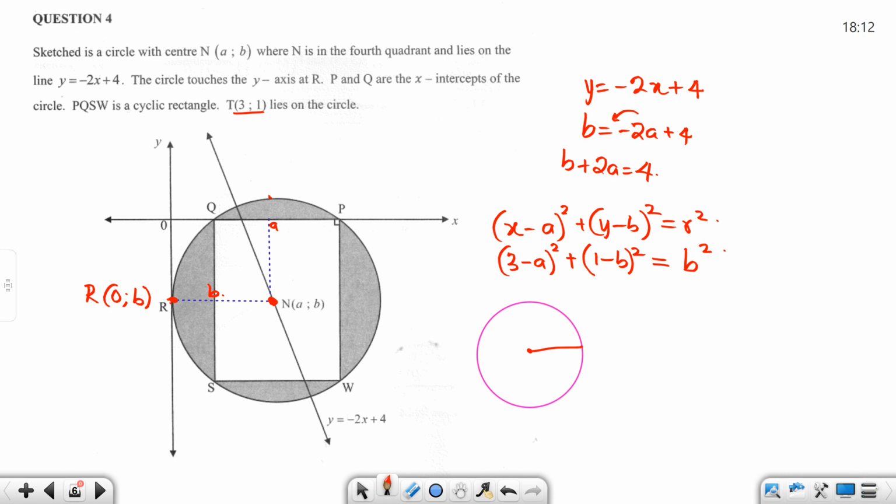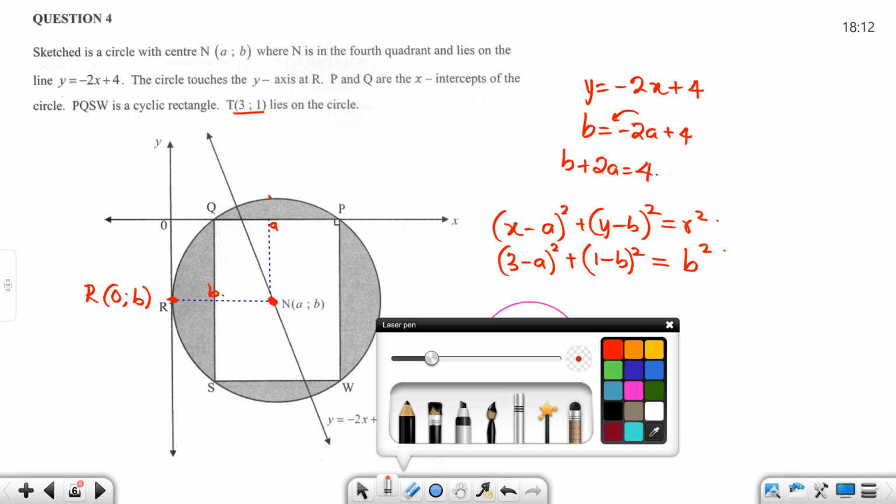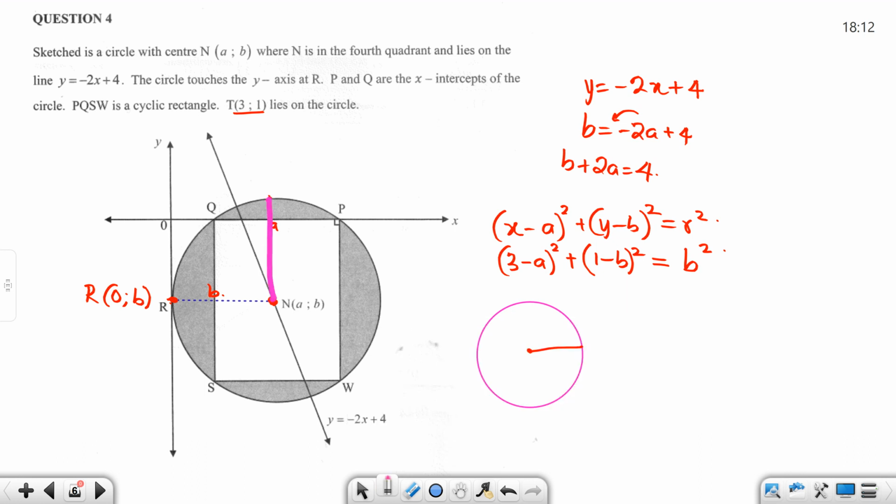But check. This one is not touching. It stops here. So this part is missing. But check, from here to here, it touches. So B becomes my radius. A, there's a missing part there.